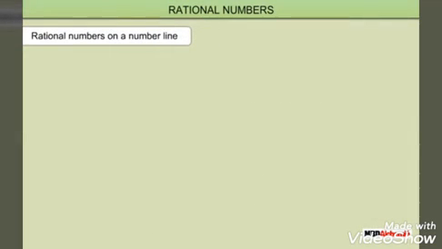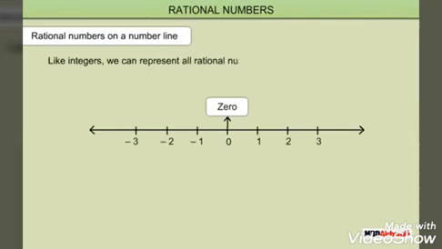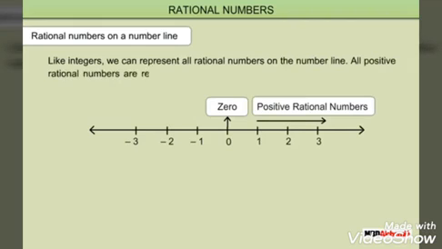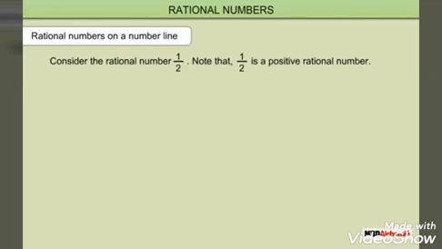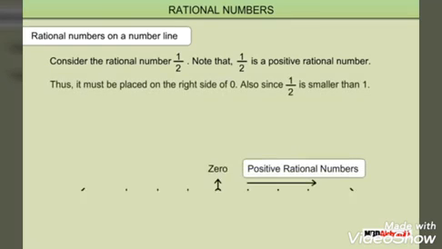Rational numbers on a number line. Like integers, we can represent all rational numbers on the number line. All positive rational numbers are represented on the right side of 0, and all negative rational numbers are represented on the left side of 0. Consider the rational number 1 upon 2. Note that 1 upon 2 is a positive rational number.